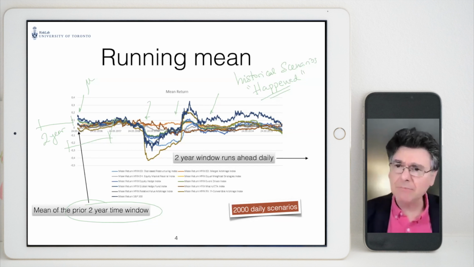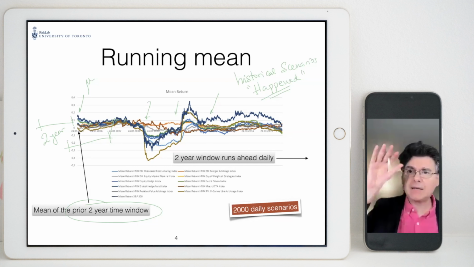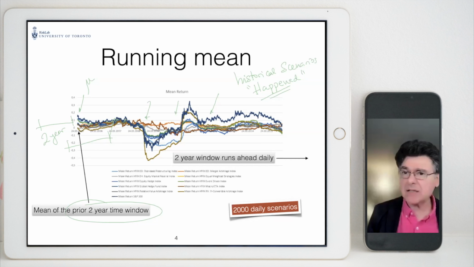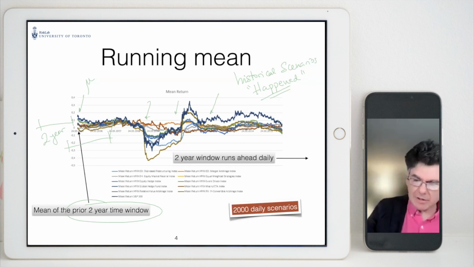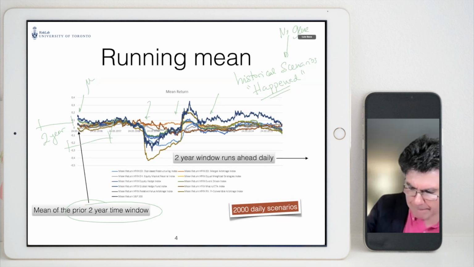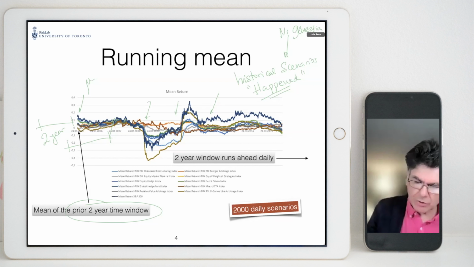And they are typically done by keeping what happened on a spreadsheet or on a database. There's no generation here. This is what's called historical scenarios.